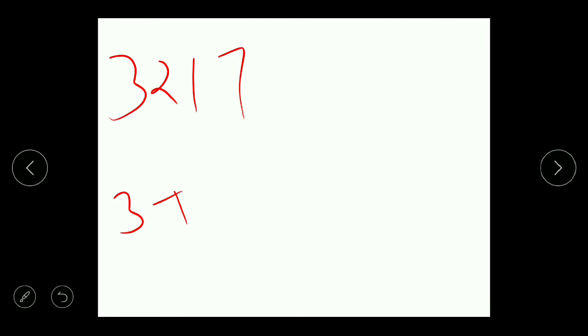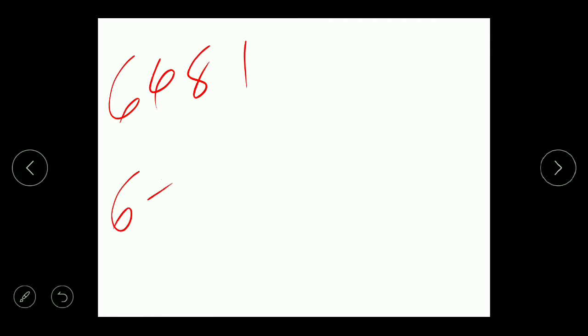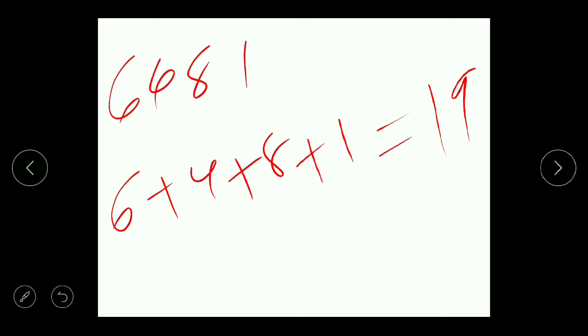Okay, then let's check another number. 6 4 8 1. So let's take this sum. 6 plus 4 plus 8 plus 1, that's equal to 6 plus 4 is 10, 10 plus 8 is 18, 18 plus 1 equal to 19. 19 is not divisible by 9 because 19 is not a multiple of 9.